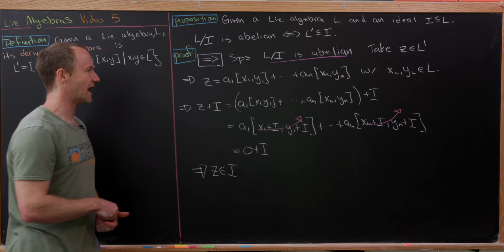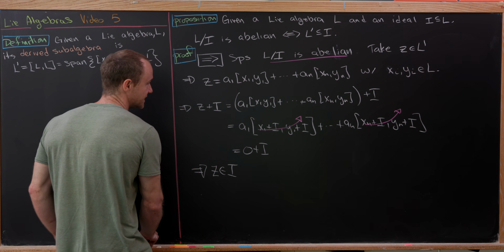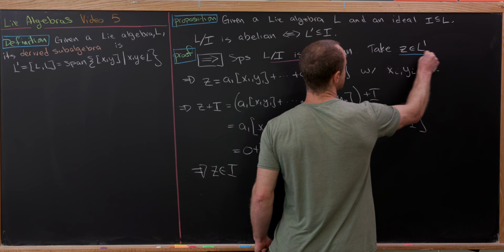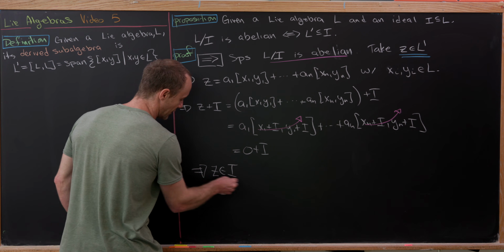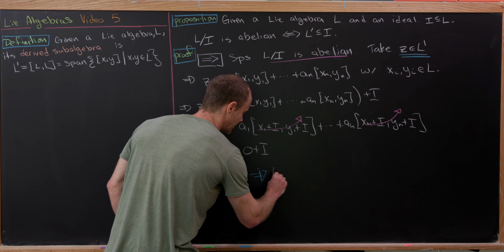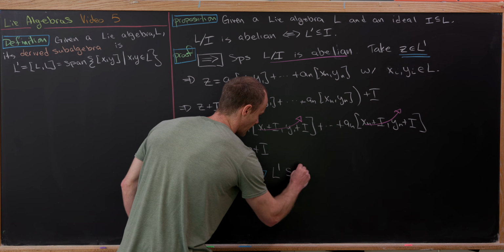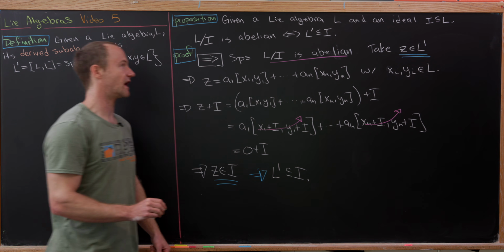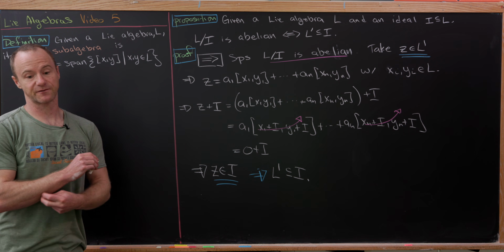Let's see what we have. We started this direction with Z inside of L prime, and we ended with Z inside of I. But that's exactly what we need to prove that L prime is a subset of I. So that finishes this forward direction.